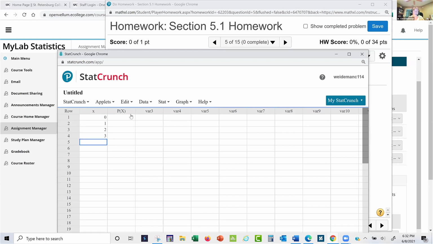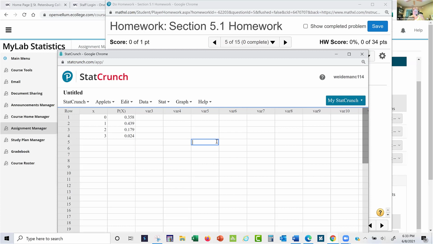And then I'm going to put in the probabilities that were given: 0.358, 0.439, 0.179, and 0.024. That's exactly what we had in the table that I gave you on the note sheet for this week.